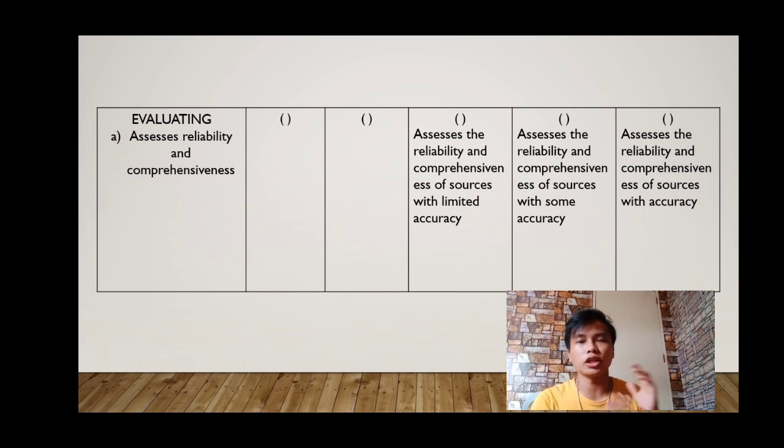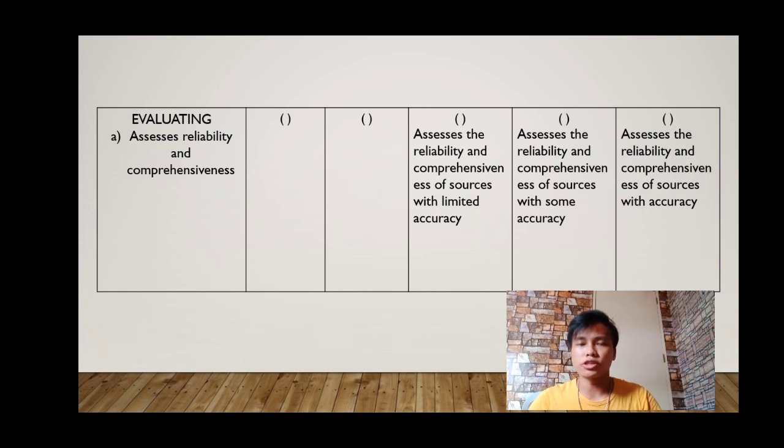In the beginner category, the students can assess the reliability and comprehensiveness of sources with limited accuracy. Excuse me. An example of this is the student can evaluate the reliability or comprehensiveness of some sources with limited accuracy.